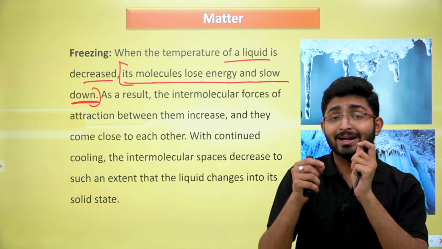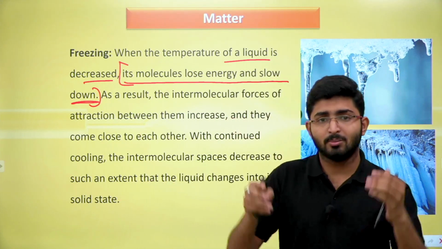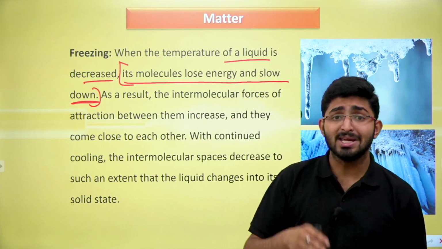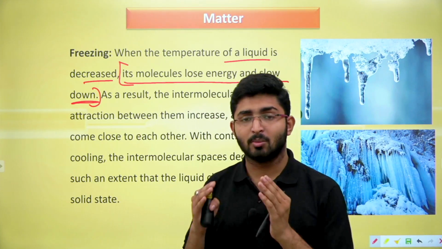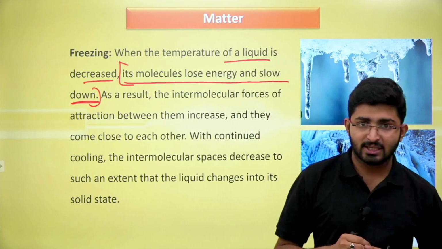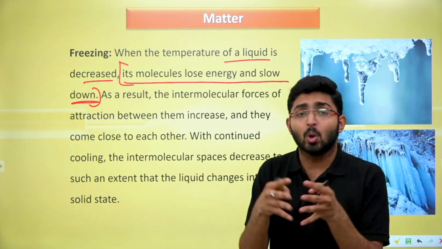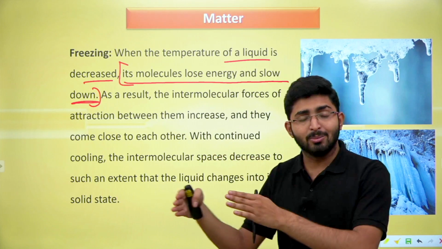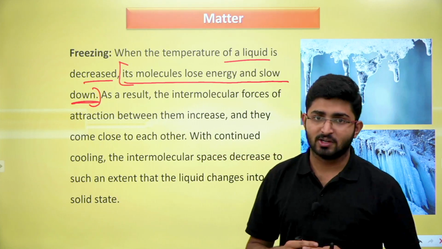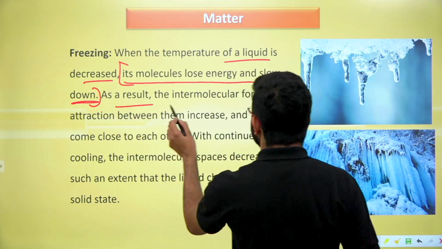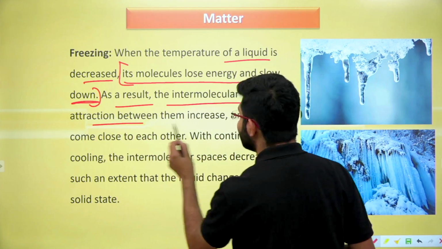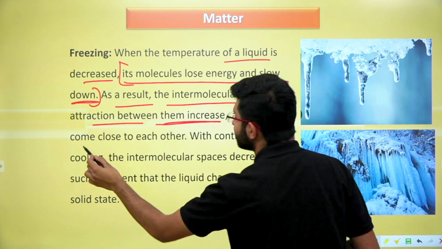I have told you that if we increase the temperature, the molecules gain kinetic energy, but when we decrease the temperature, the molecules lose kinetic energy, and thus they come close to each other, resulting in minimum intermolecular space, right? As a result, the intermolecular forces of attraction between them increase.